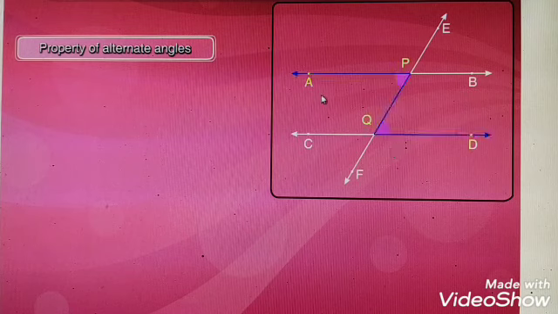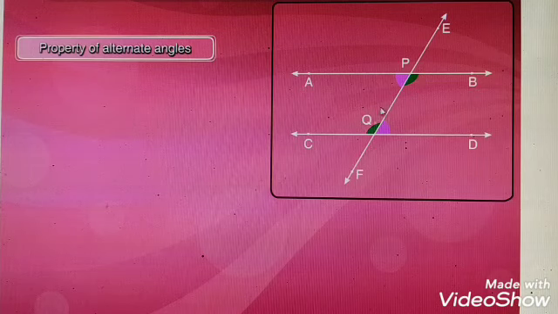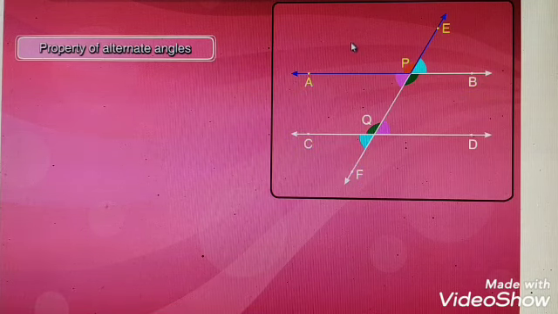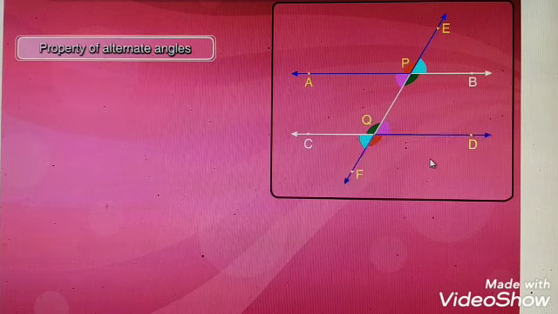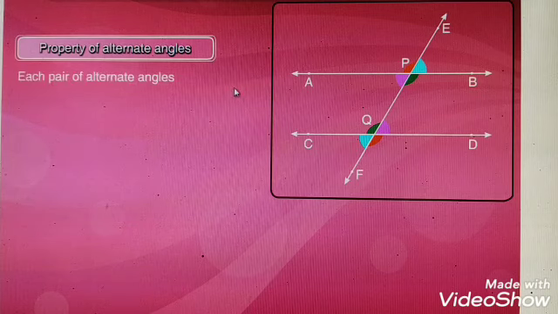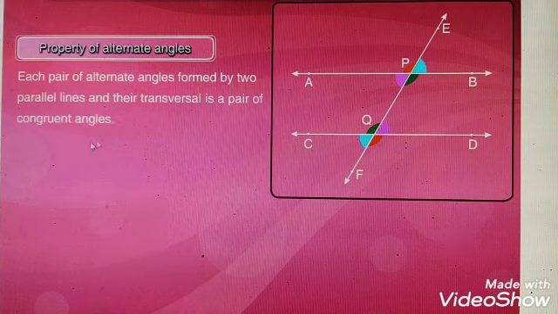Again, angle APQ is congruent to angle PQD, and angle BPQ is congruent to angle PQC, and these two are interior angles, and here these two are again exterior angles. Let's write down the names. Each pair of alternate angles formed by two parallel lines and their transversal is a pair of congruent angles.